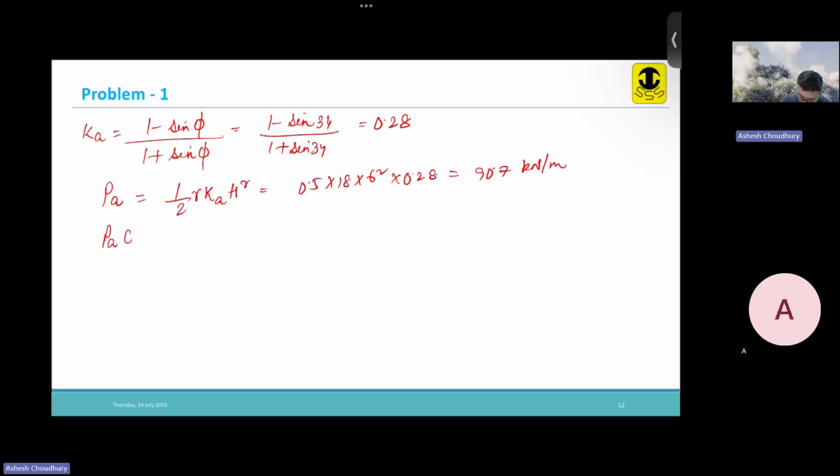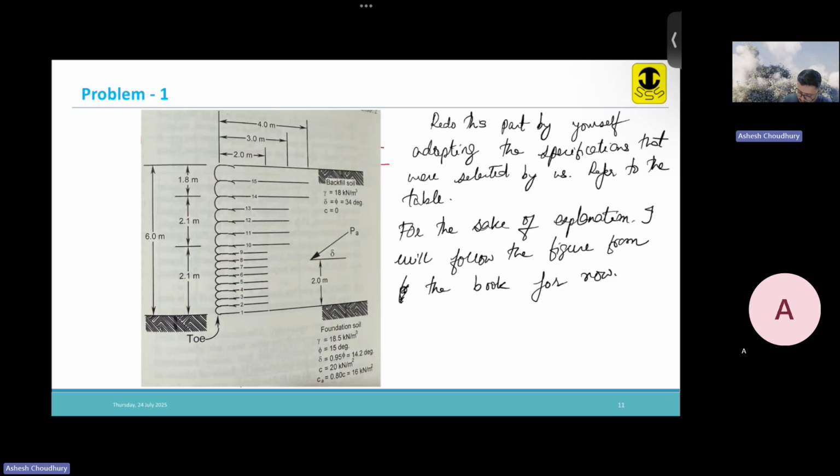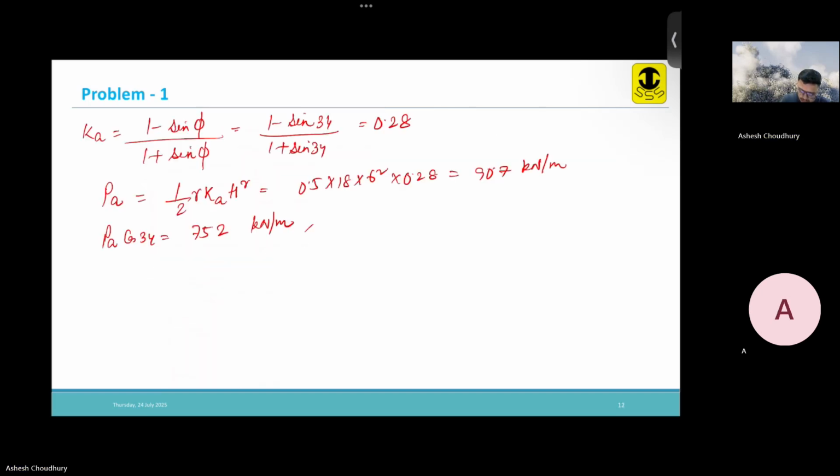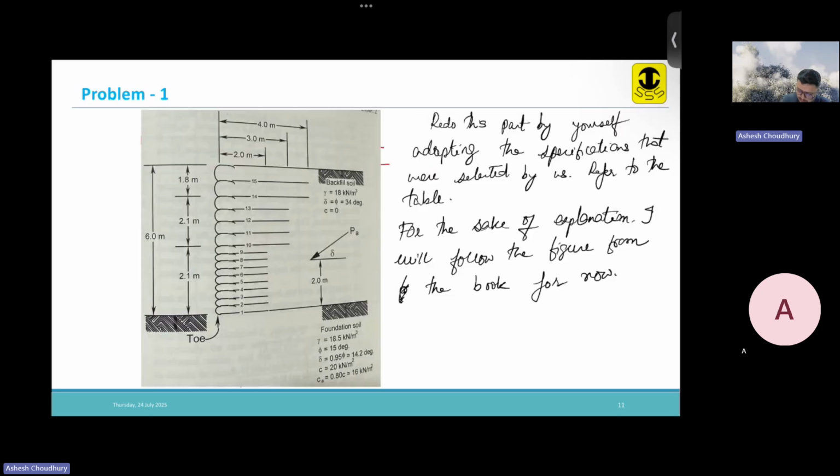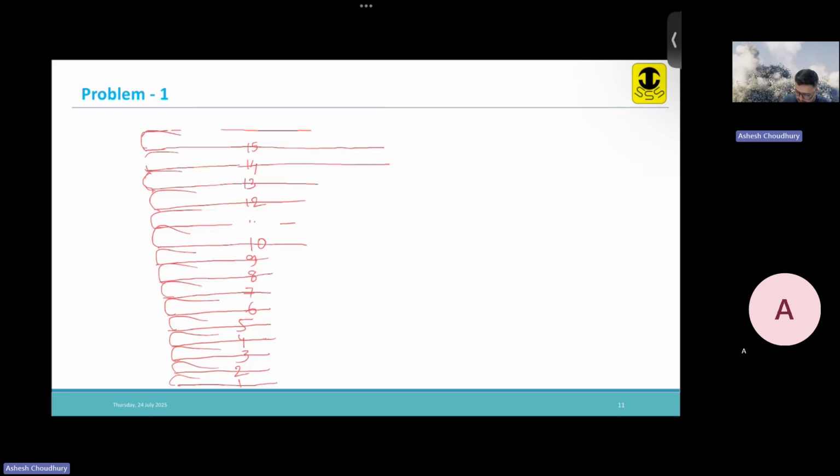Now, PA cos 34, because PA is inclined at angle delta, right? Because we are not considering the wall to be smooth, there is some friction. So PA is inclined at angle delta. PA cos 34 is the horizontal component, PA sin 34 is the vertical component. If you see the figure, you will understand.